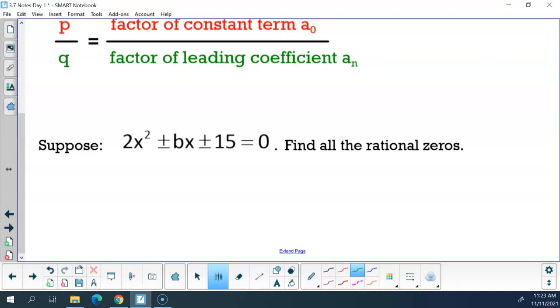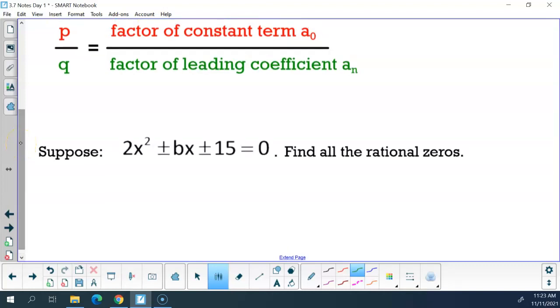2x squared plus something x plus something or minus 15 or whatever. So what the rational zero theorem says is that I need to find all the factors of 15. What are the factors of 15? 1, 3, 5, and 15.